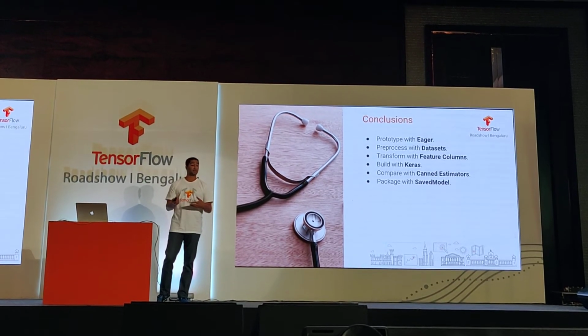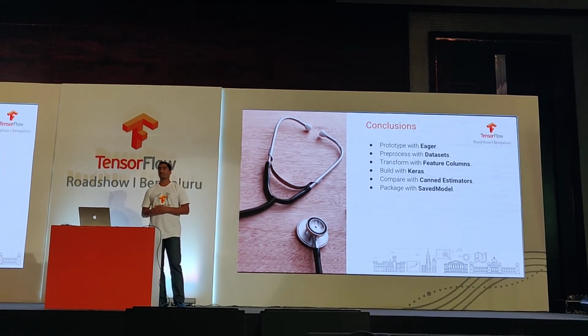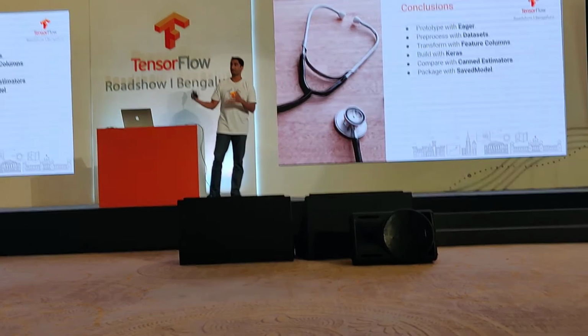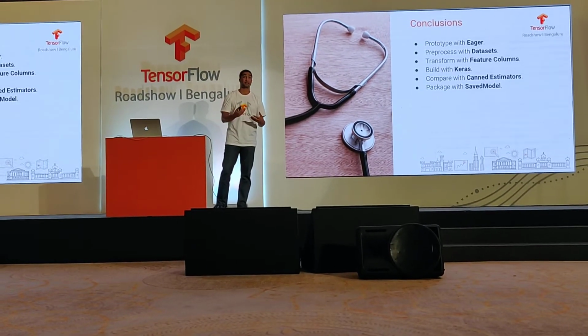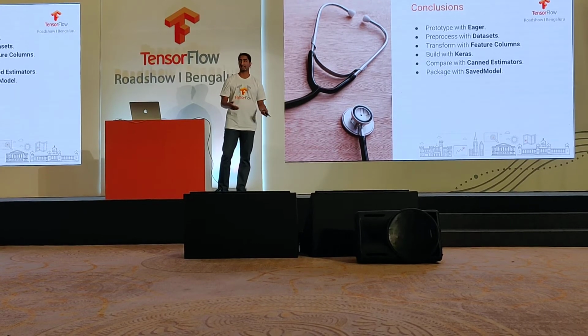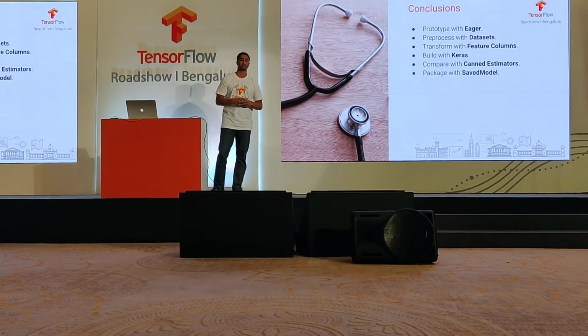We built a simple working model with Keras. We use the estimators API and canned estimators to compare different types of models really quickly across the same data. And we packaged with saved model and exported it out to whatever serving platform we wanted to use.